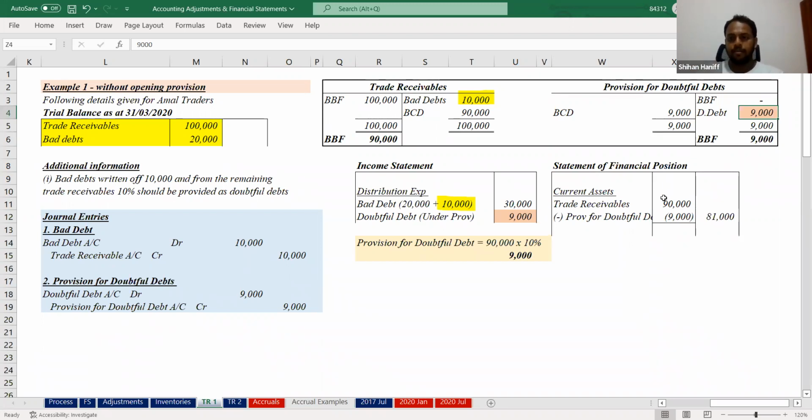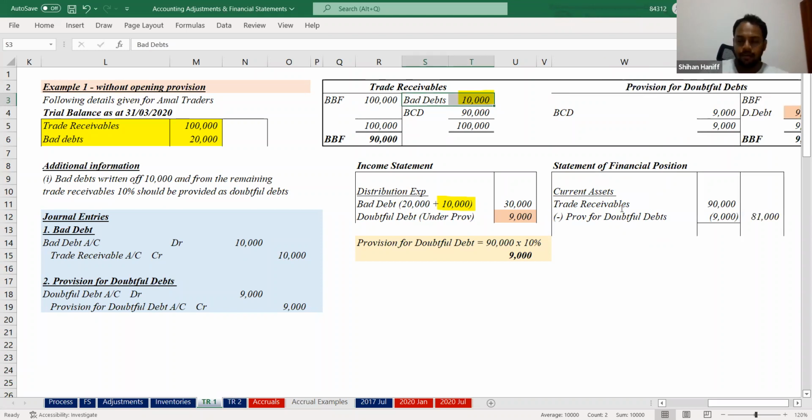Sample 1. So why don't we put 100,000 as trade receivable? We don't put 100,000 as trade receivable because there is a bad debt of 10,000. Normally, if you are not preparing the ledger account, we deduct from the trade receivable and show it.